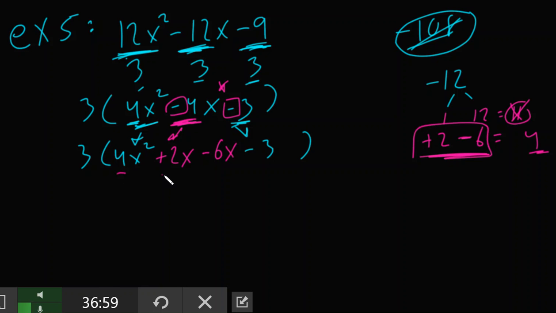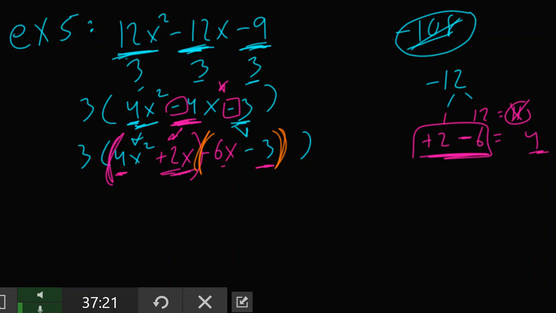Now remember, 4 and 2 have common factors, and 4 and 6 have common factors, but 2 and 3 do not have common factors. That's why I put my 4 and my 2 together, because I can actually factor something out of these two terms, and my negative 6 and my negative 3 have factors in common.